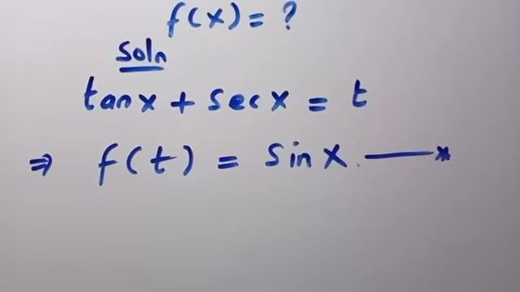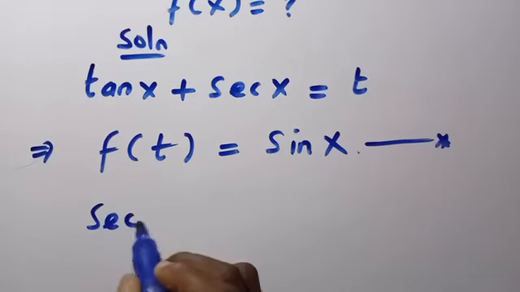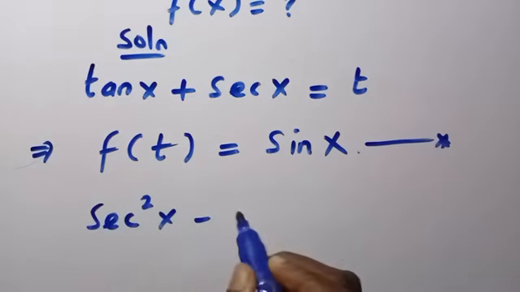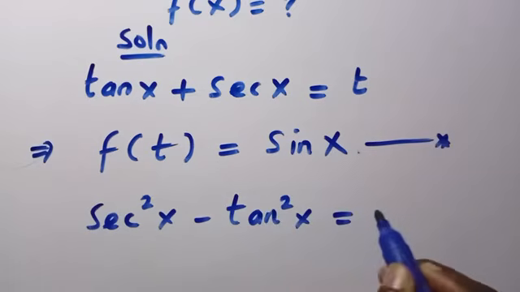Then recall the identity: sec square x minus tan square x equals 1.